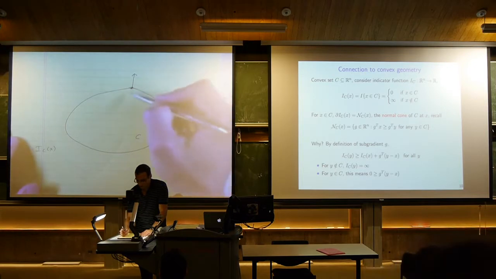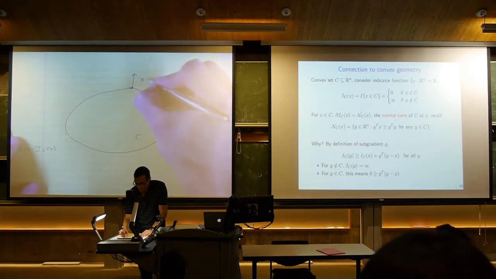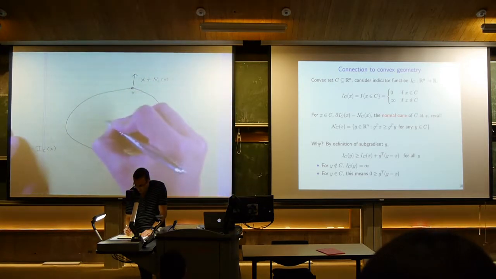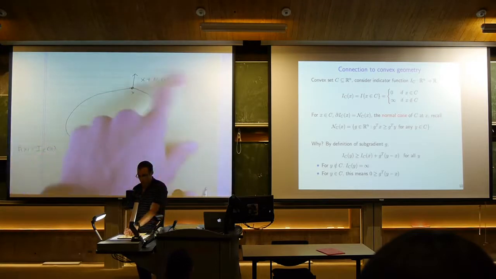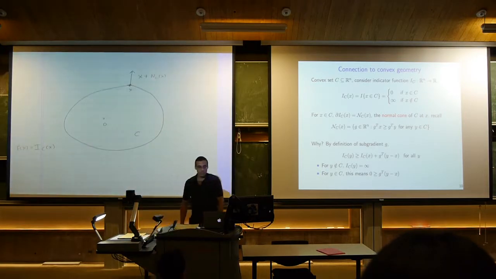I've just drawn them leaving from the point x so that we can visualize them better. So this might be 0. This is the point x. I've drawn here x plus the normal cone of C at the point x. So that's an interesting connection between the normal cone and subgradients.